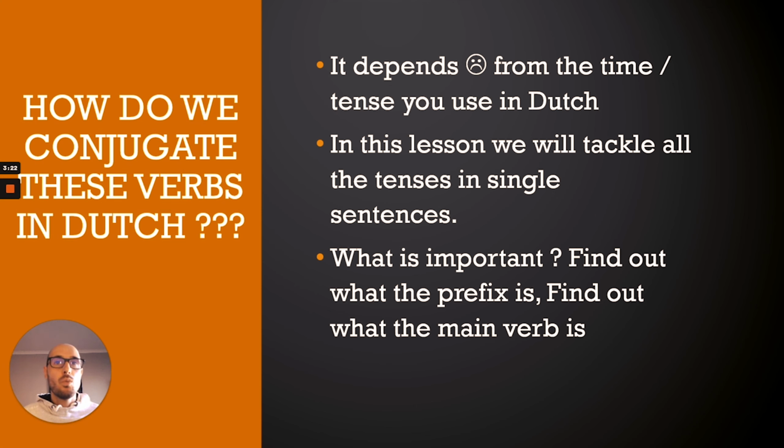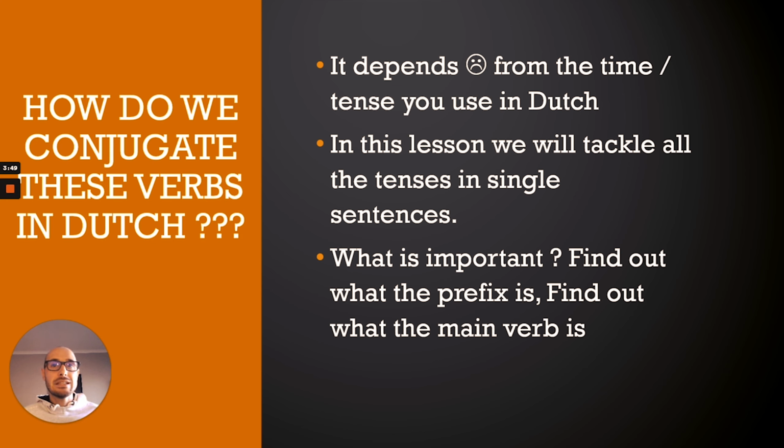We are only going to check single sentences. If you're interested in how we conjugate separable verbs in compound sentences, please take a look at the video I've made regarding compound sentences. Also, if you want to freshen up on how to conjugate verbs in Dutch, I've got a great video on that too.